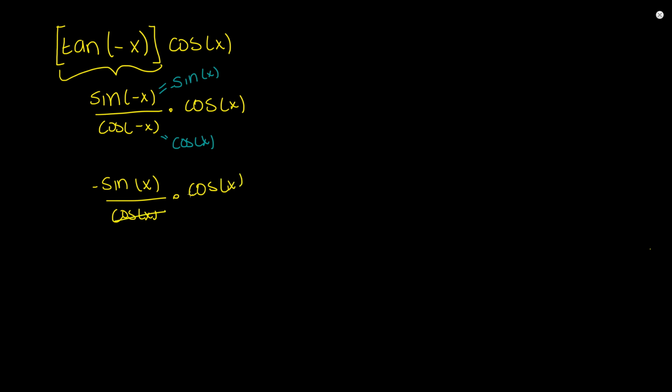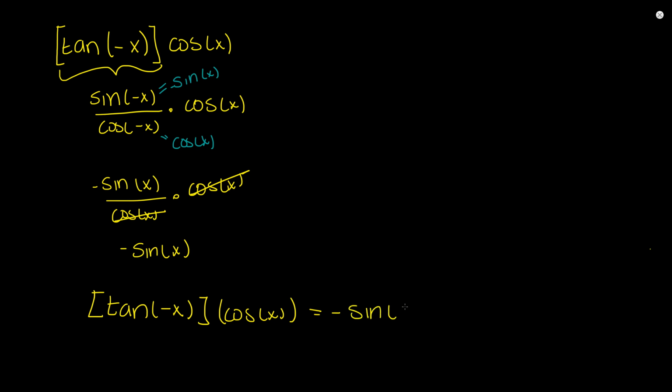Well, 1 over cosine of x times cosine of x is just 1, so negative sine x would be my most simplified version, or my equivalent form of the original. So now I can say that the tangent of negative x times cosine of x is equal to negative sine of x.